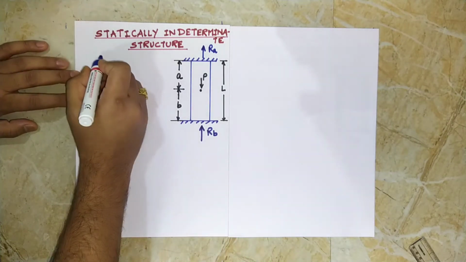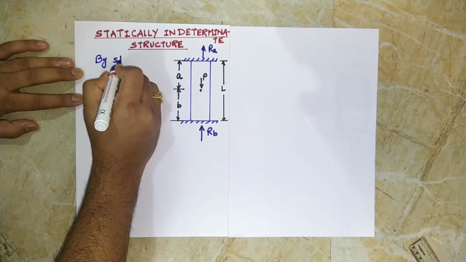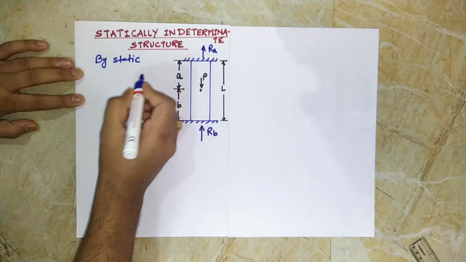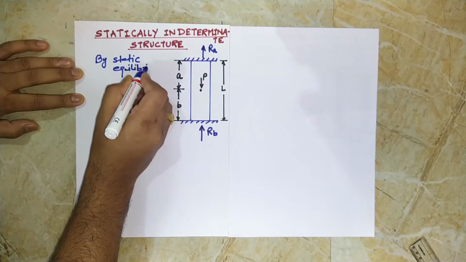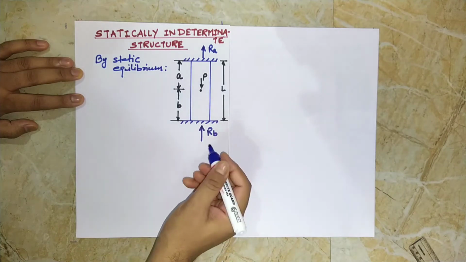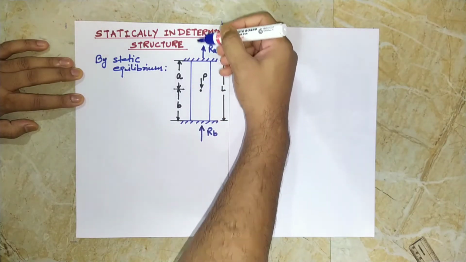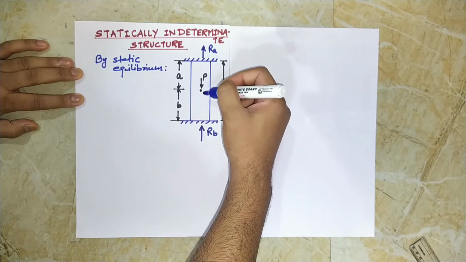By static equilibrium, we can see that reactions RA plus RB are acting upwards and P is acting downwards.